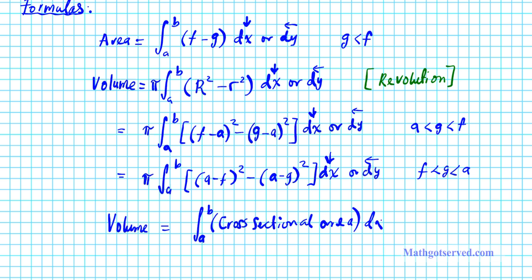So it's dx if the base is perpendicular to the x-axis, or dy if the base of the area is perpendicular to the y-axis. So this is for cross-sectional area. Let's put that note there, cross-section. The only hard part with this last formula is finding the cross-sectional area, because you have to make use of your geometry formulas to find the area.